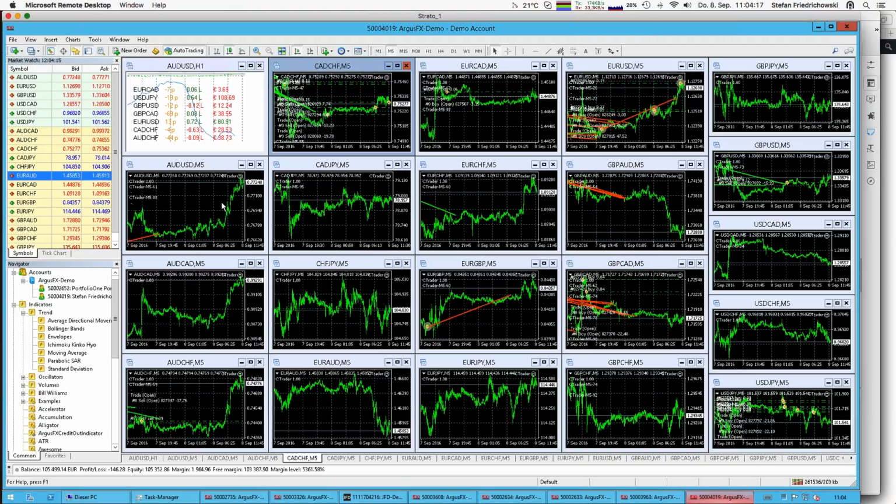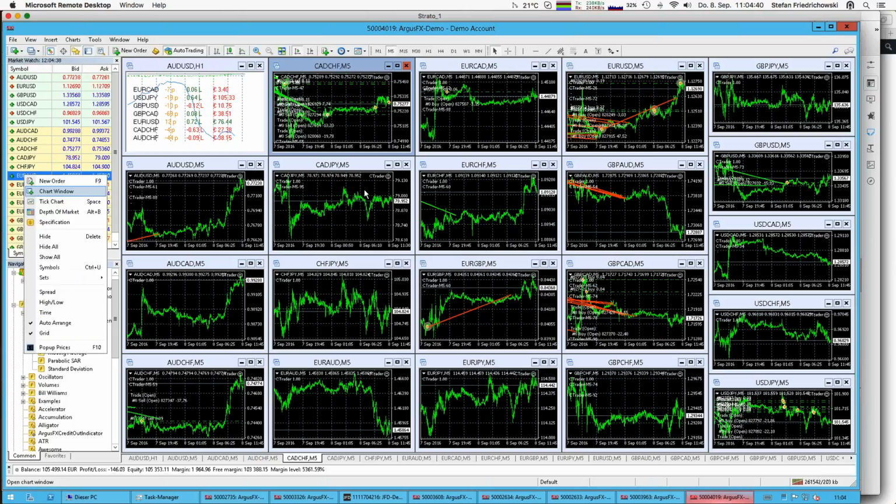The steps necessary to be done are quite simple. The best is always that you have opened your own MT4 on your computer, and I will simply open a new chart here in order to have that indicator finally within that chart.